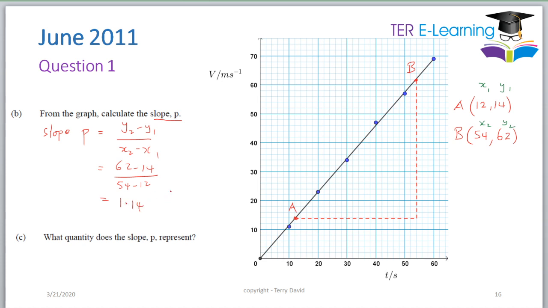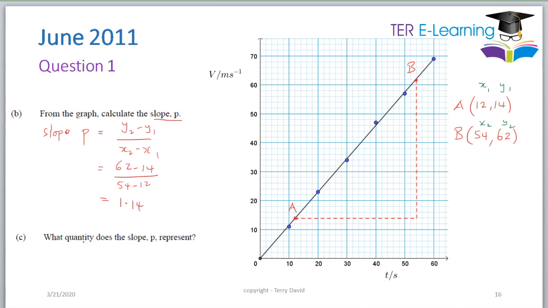They did not ask us for any unit, so let's put 1.14. So we know the slope. That's the answer there, 1.14.